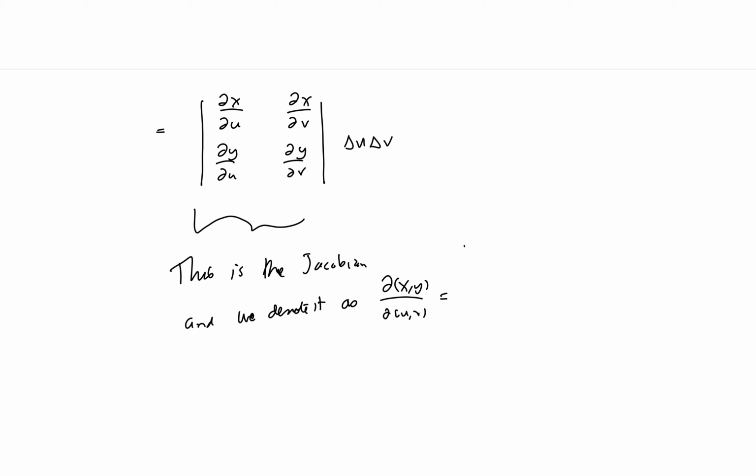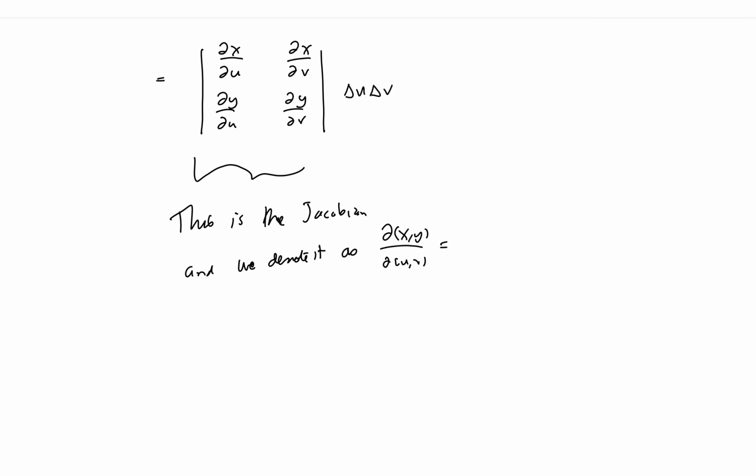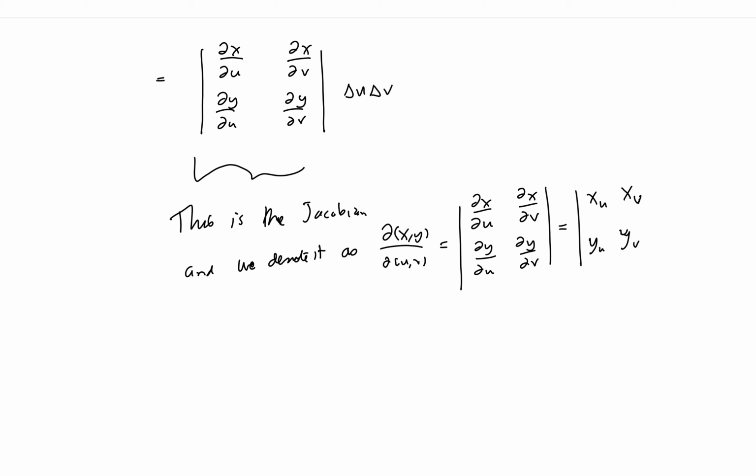We're going to set this to be just the determinant. So it's the determinant of delta x over delta u, delta x over delta v, delta y over delta u, delta y over delta v, and of course we can write it in the shorter hand notation. That gives me the area of the Rij.